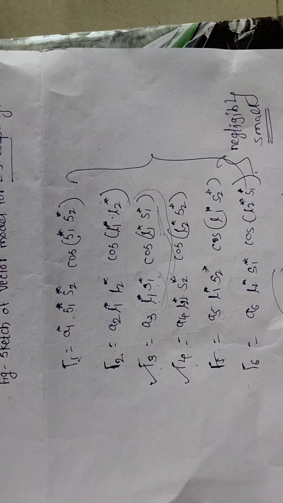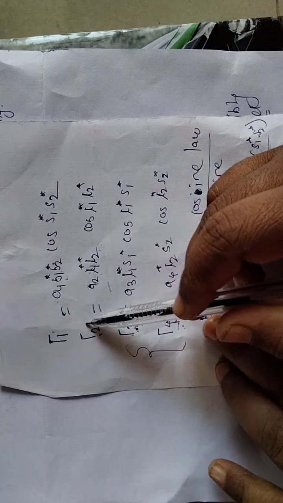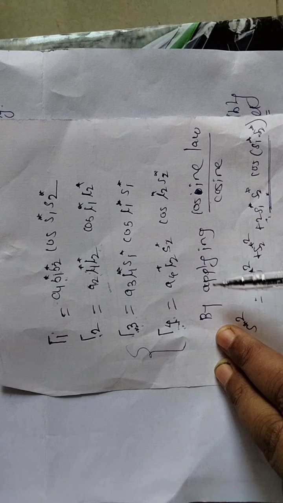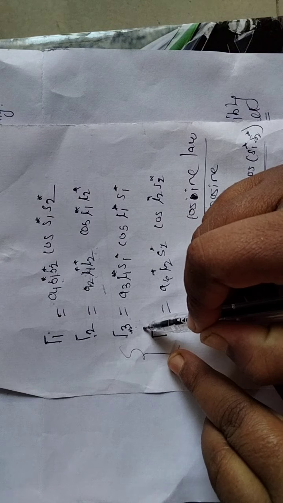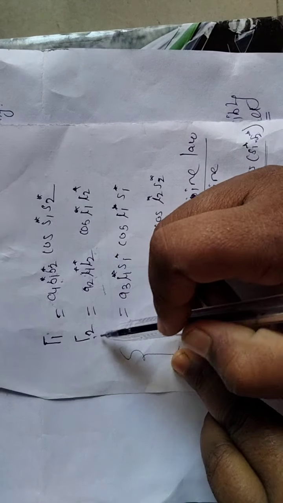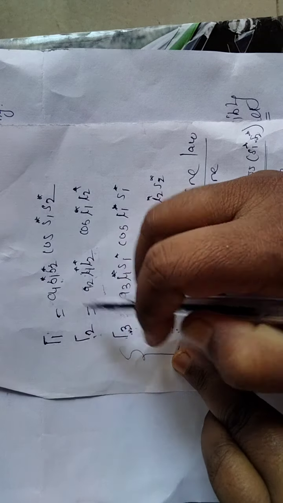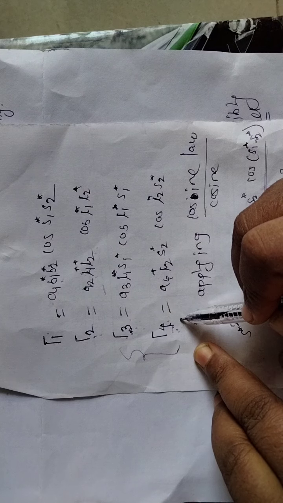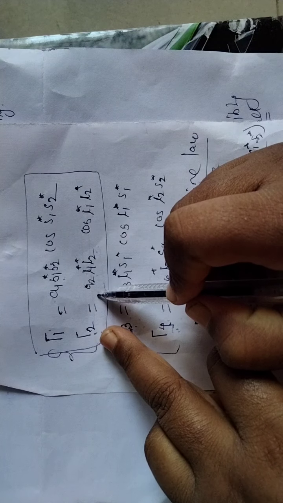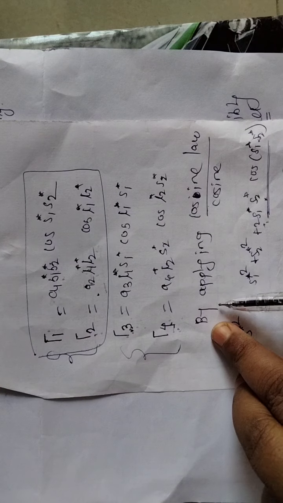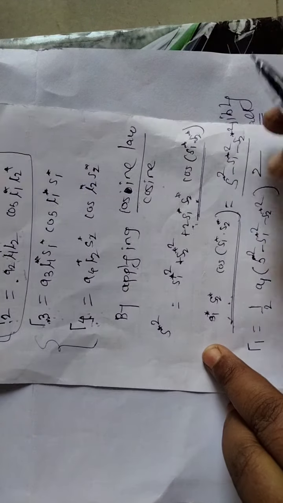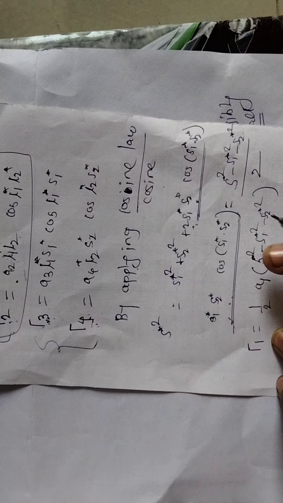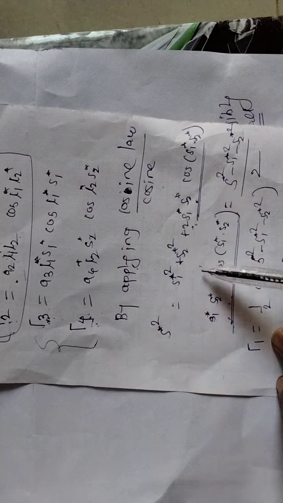So we have considered only these four interaction energies. Lambda 1 and lambda 2 are predominant over lambda 3 and lambda 4. We applied only the cosine law for these two interactions, and calculated the energy relation in this form.